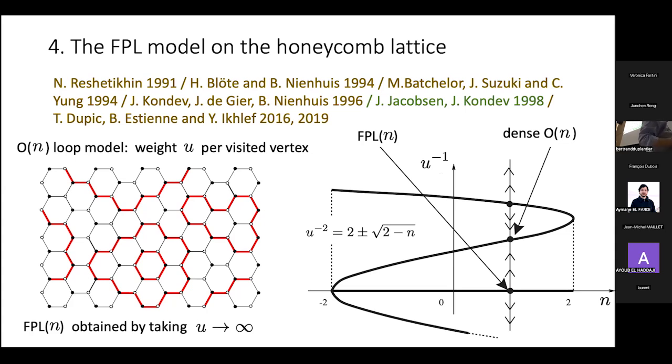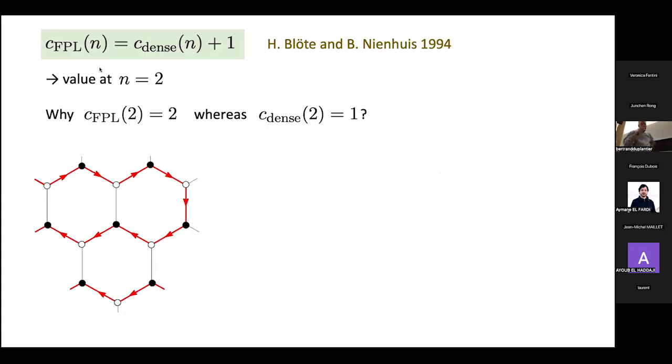And the branch which goes after this, this virage here, you just go back and you have this dense O(n) which is stable. So it means that you are attracted by the dense. And there is this unstable line which is U going to infinity, U minus 2 equals 0. So the fully packed is just the horizontal line which is clearly unstable. And so it's a special one with different exponents. That was a whole observation of these people. So just a motivation.